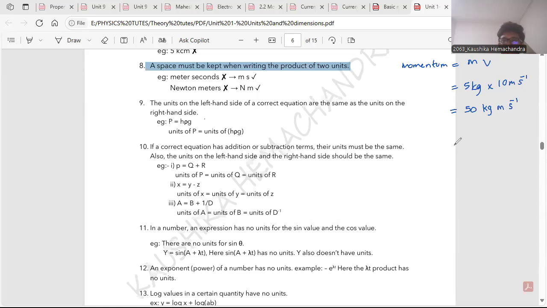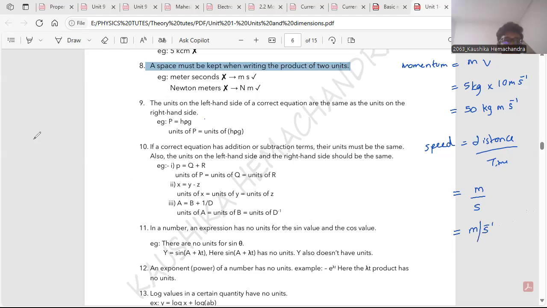Because, you know, velocity is distance or speed, right? We haven't gone into velocity yet, have we? Speed equals distance over time. Distance is in meters, time is in seconds. So the unit of speed is m s minus 1.